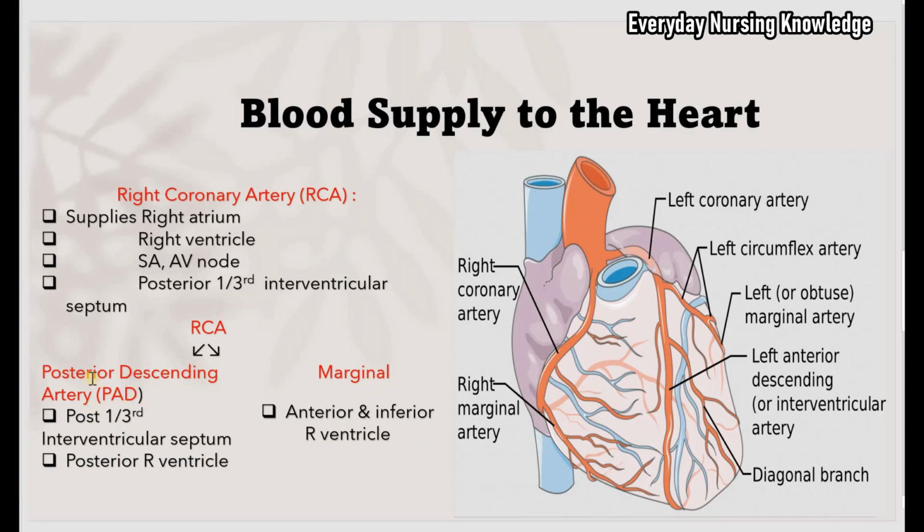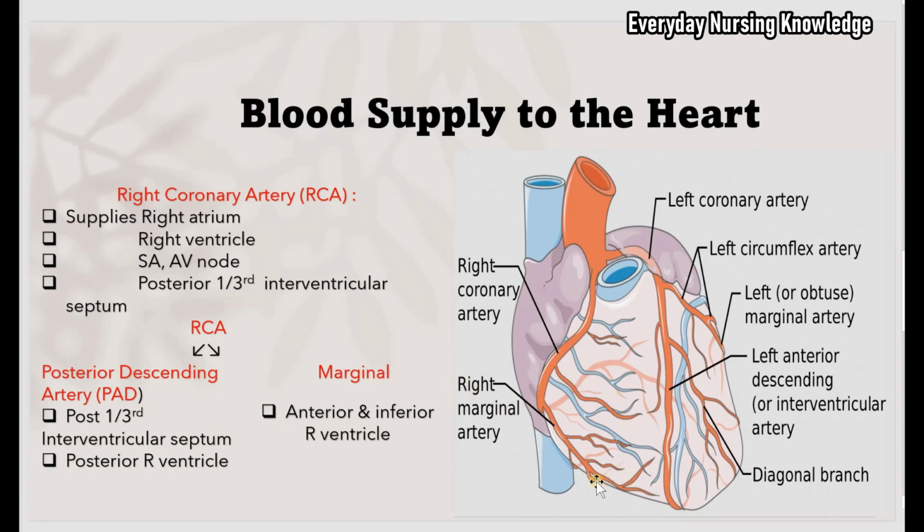It is also called the posterior interventricular artery because it goes posterior and gives blood supply to the interventricular septum. So LAD is called the anterior interventricular artery, and PAD, the posterior descending artery, is also called the posterior interventricular artery. It goes posterior and gives blood supply to 1/3 of the interventricular septum.